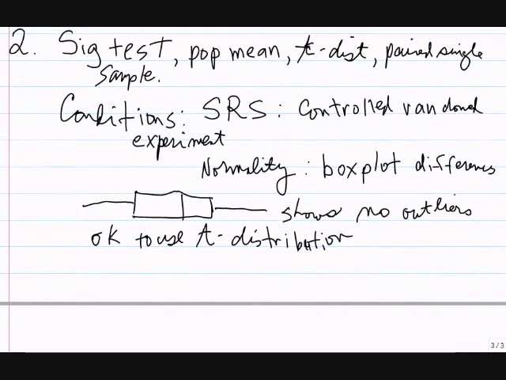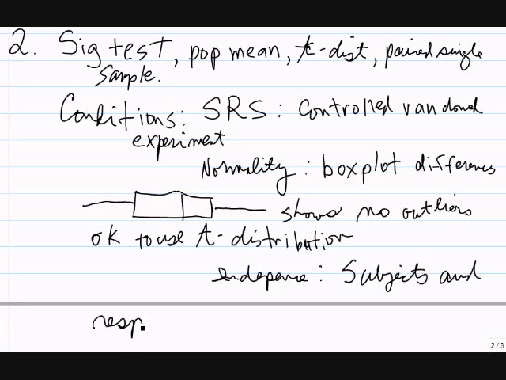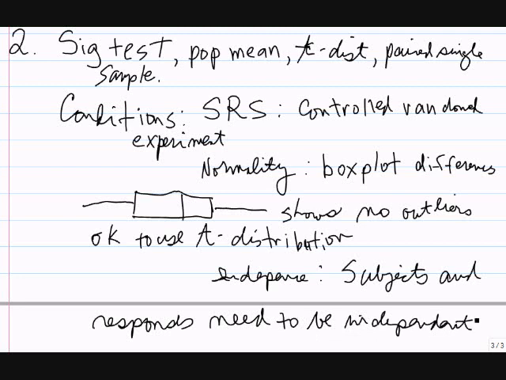Okay. Last condition is about independence. So we want our subjects and their responses to be independent of each other. Subjects and responses need to be independent. So that means that when they're working on these puzzles, you don't want to put them right next to each other so they can copy.